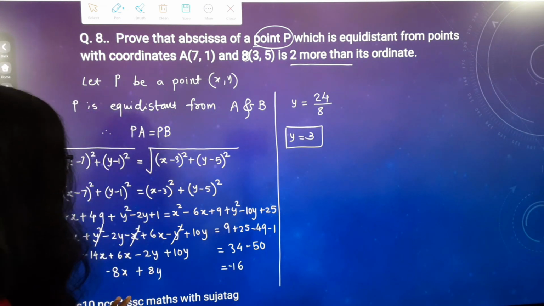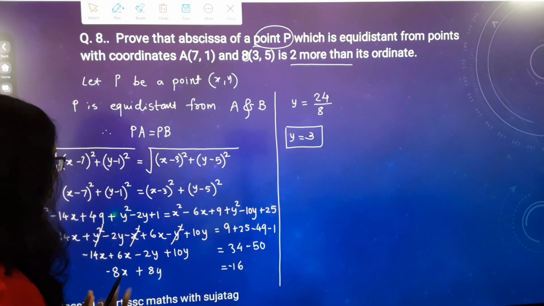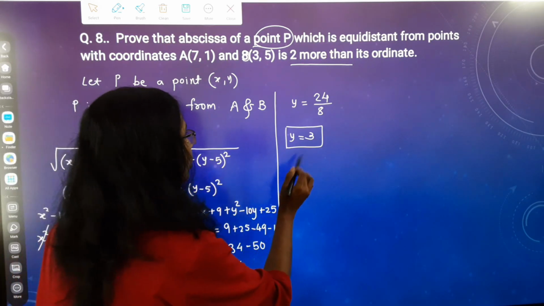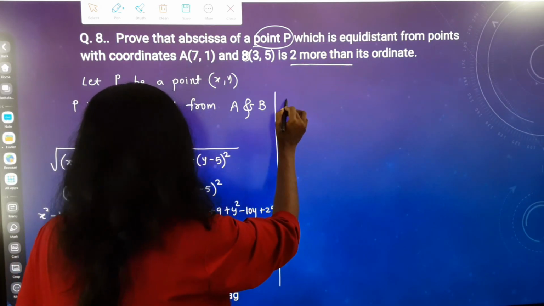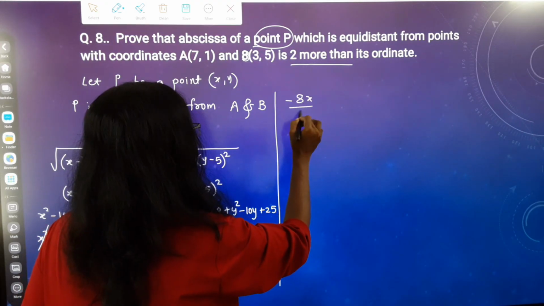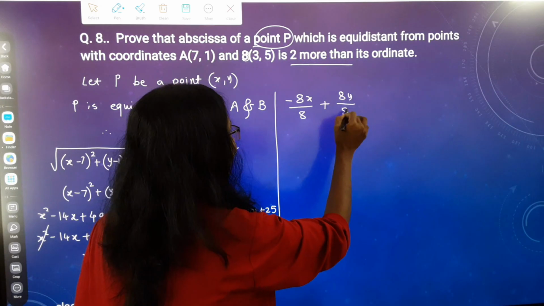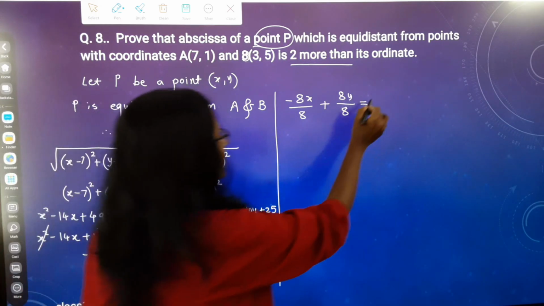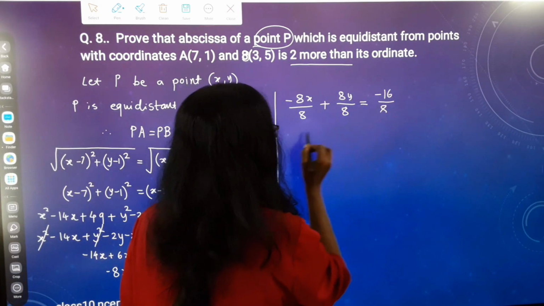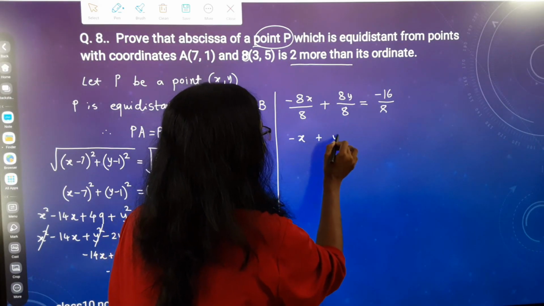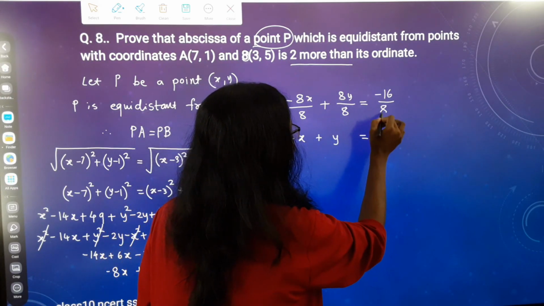Now dividing both sides by 8: minus 8x plus 8y upon 8 is equal to minus 16 upon 8. So minus x plus y is equal to minus 2.